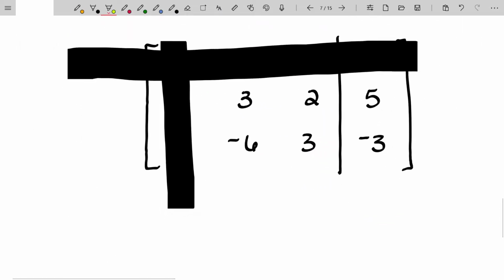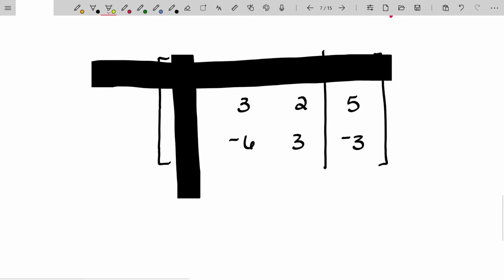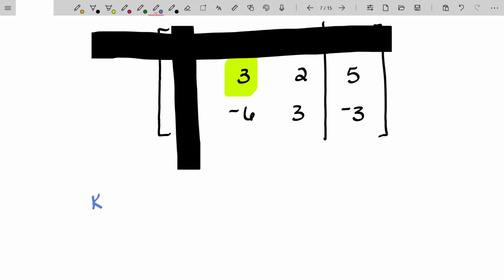And now I need to ask myself, how am I going to use this main diagonal element to kill everything below? So again, I quickly just enter into the kill step. And when I enter into this kill step, I'm going to use that main diagonal element right there to kill everything below. When I say everything below, I mean in its column.